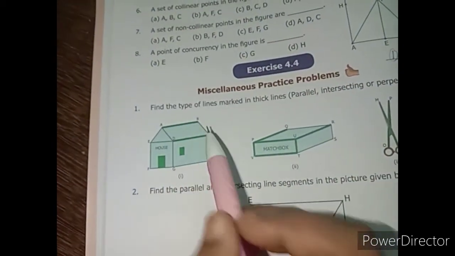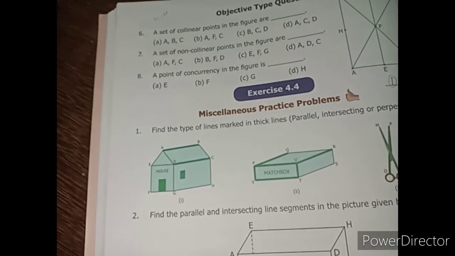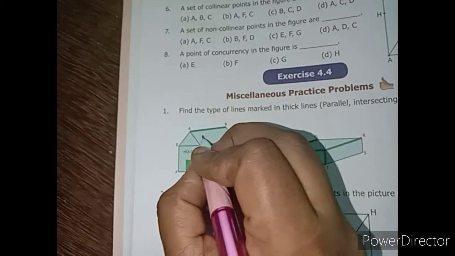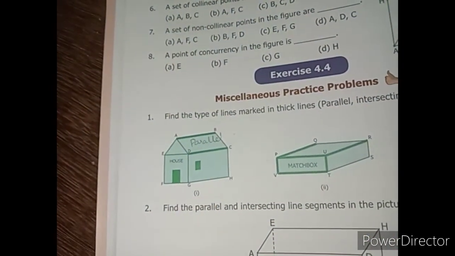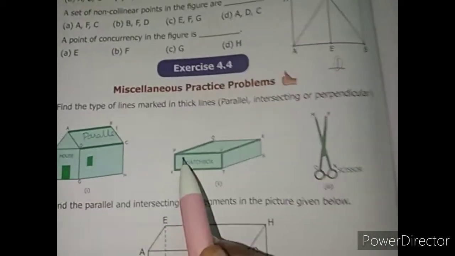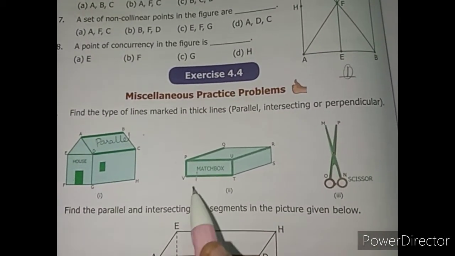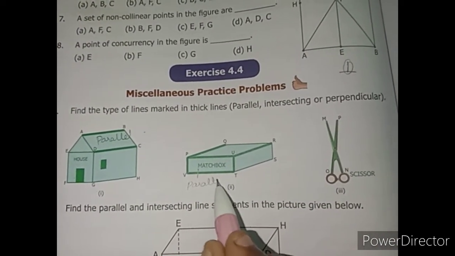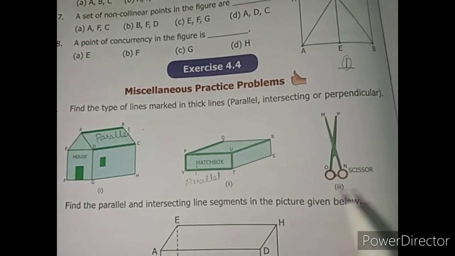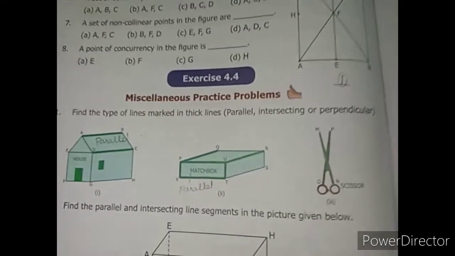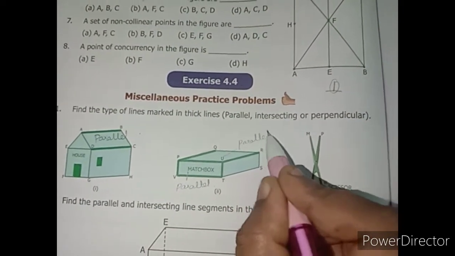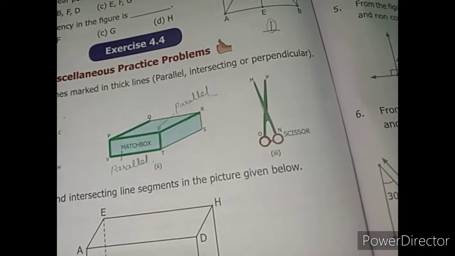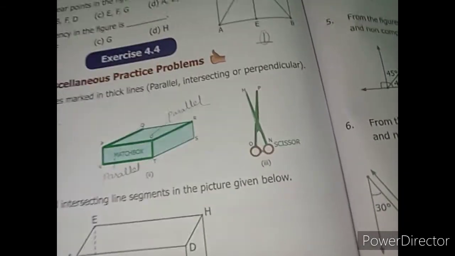See the first one, it is a house. You would have found that, right? So it is parallel. See the next one here again. So this is parallel. Then this is also sideways, it is also parallel. Both are parallel lines. And one more thing is also there.